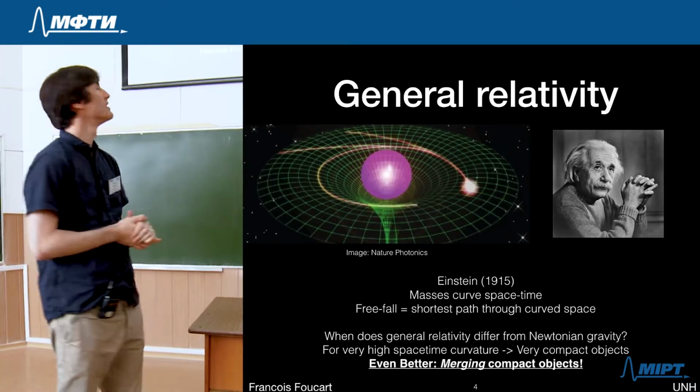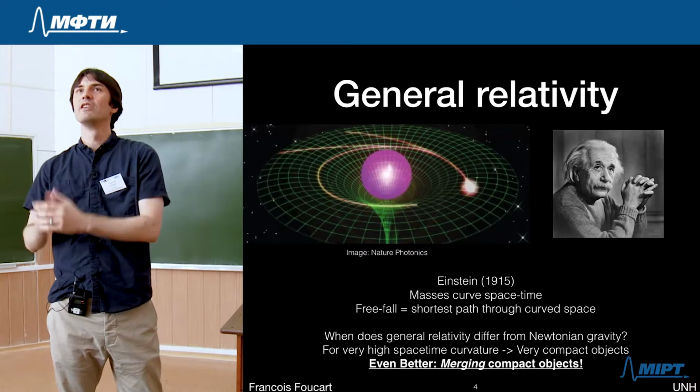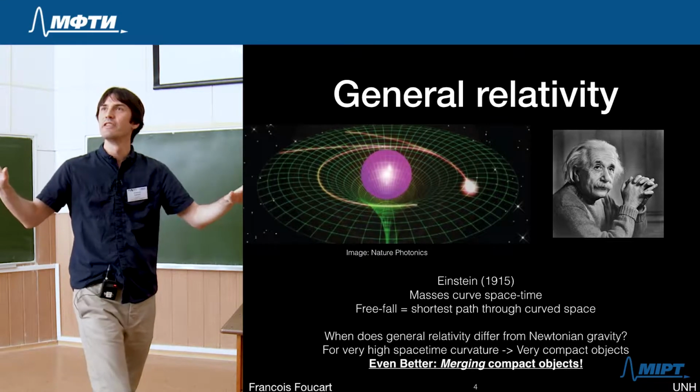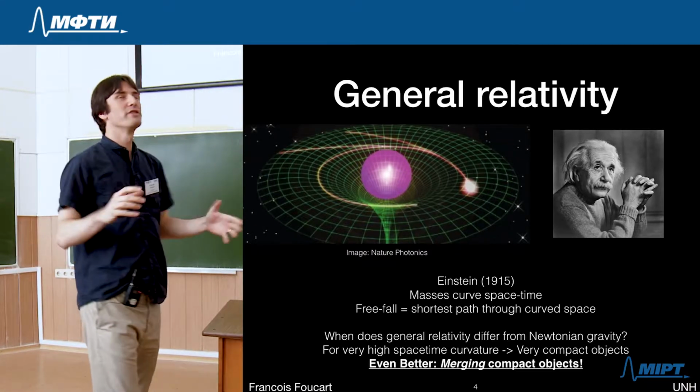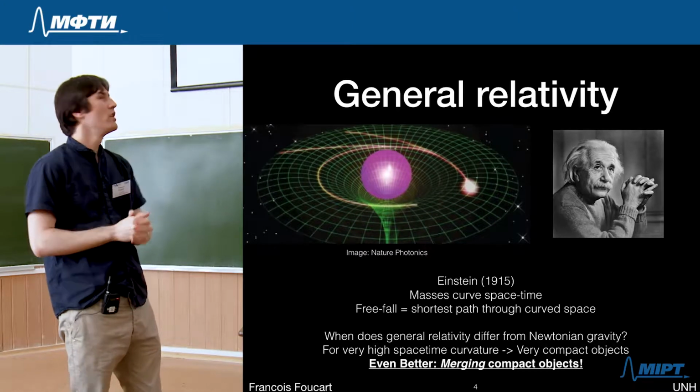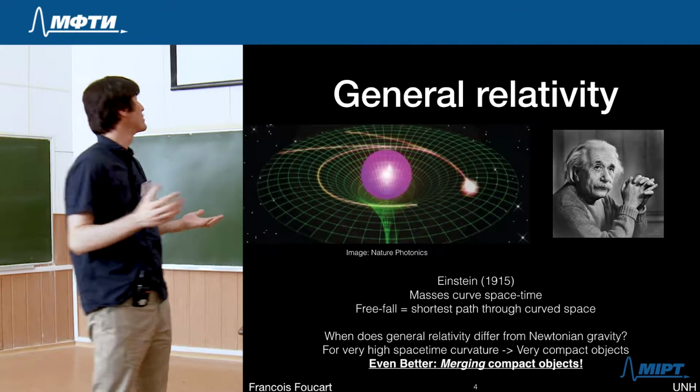If you really want to get into a regime where you can test Einstein's theory in a regime in which it is completely different from Newton's theory, what you need is very compact objects, like black holes and neutron stars, which are sources of very strong curvature.